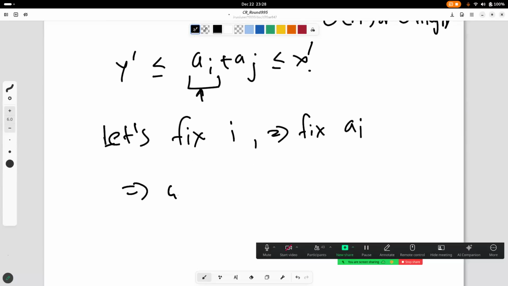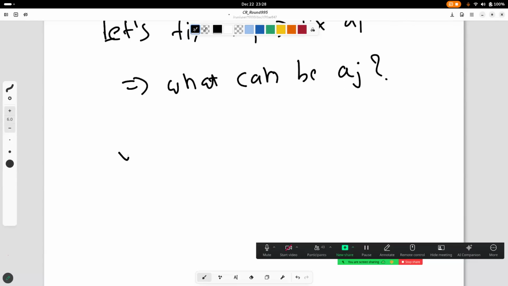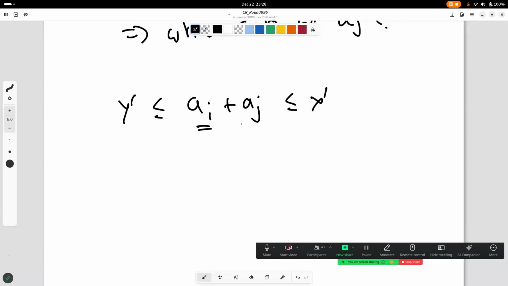Then what can be the value of j? Okay, you've fixed a of i. Now if you consider this equation, a of i is fixed, so the value of a of i is constant, and you can check for the value of a of j. Move this a of i to the other sides. We are trying to build up constraints on a of j with which we can check a of j.